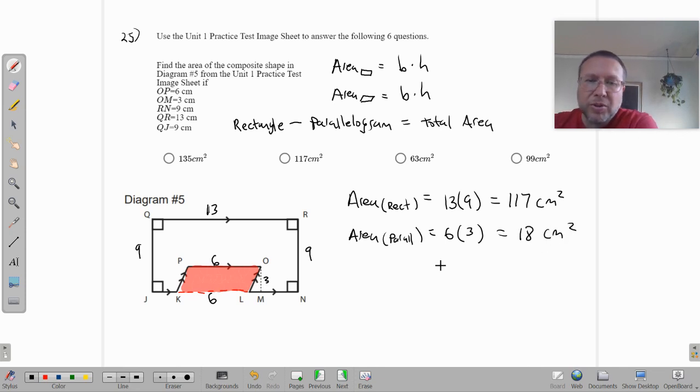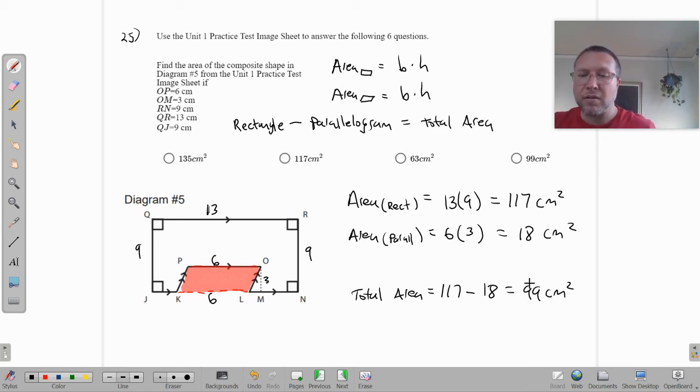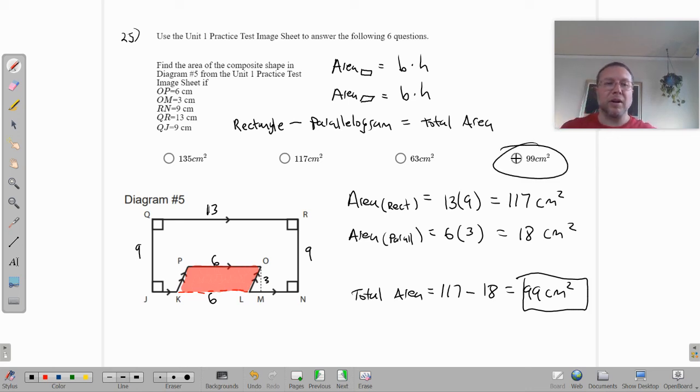So if I want to know the total area, I'm going to do the area of the rectangle, 117, minus the part that I don't want, which is the parallelogram, and that would give me 99.